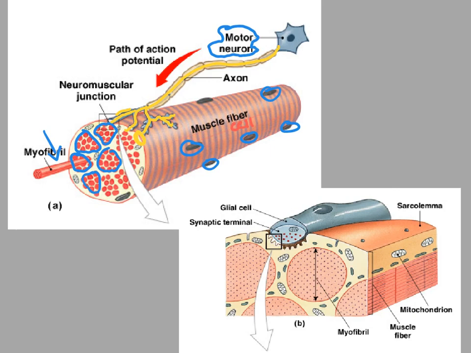And then that electrical signal travels down the length of the muscle, causing the muscle to get shorter. So essentially that muscle fiber, that muscle cell, is going to contract. It's going to get shorter.